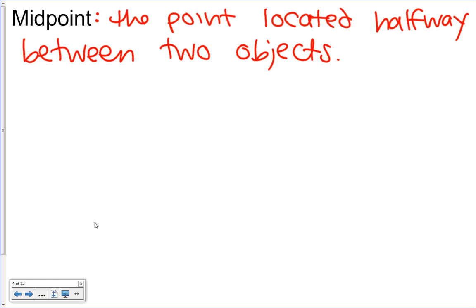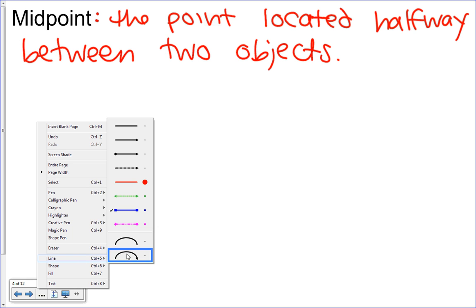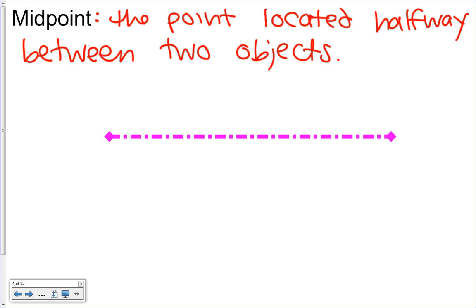What this really tells you, I'm going to give you a picture here so you can see what it's talking about. If I have this line segment right here, and say I have points X and Y as my endpoints. If M is the midpoint, it is halfway between X and Y, which tells you that XM is congruent to YM.